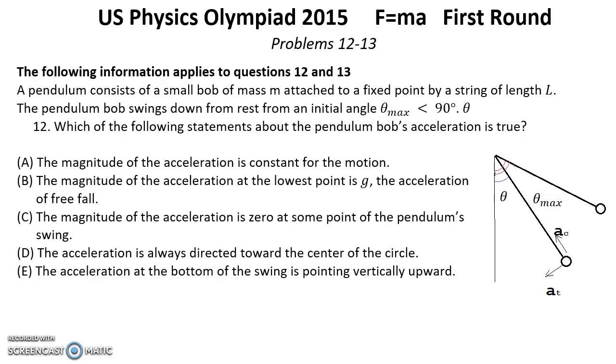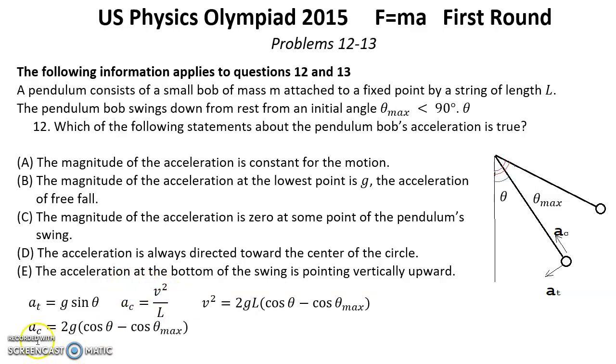For tangential, that will be a_t equal g sine theta, and for centripetal, that will be v square over L. V square we can find from energy conservation. So that's the expression for v square. When we put v square into this formula for centripetal acceleration, we get a result for centripetal acceleration.